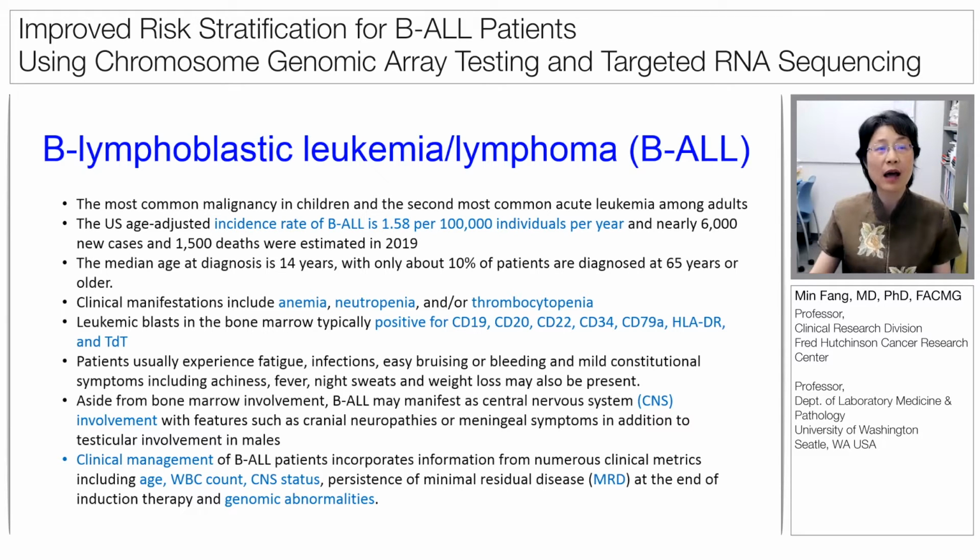It includes how in children, B-ALL occurs more often than in adults, the incidence rate of the disease in the United States, as well as clinical manifestations, the flow markers, and patient symptoms, and also the clinical covariates that are critical for clinical management, including age, WBC count, central nervous system involvement, and persistence of minimal residual disease, MRD, at the end of induction therapy.